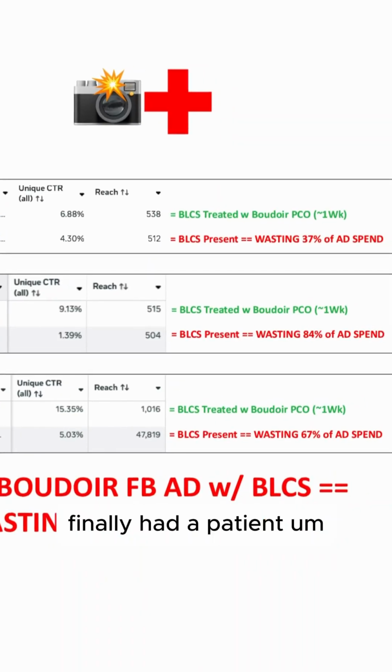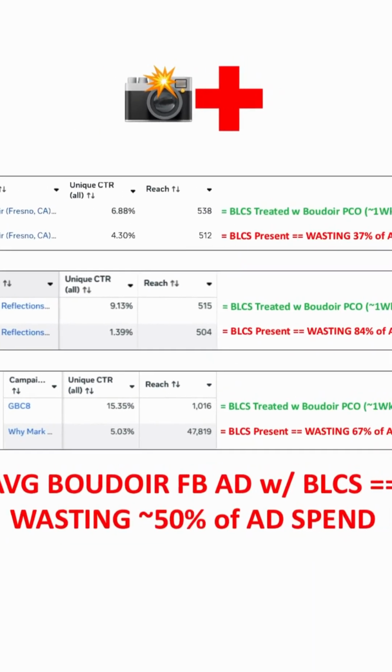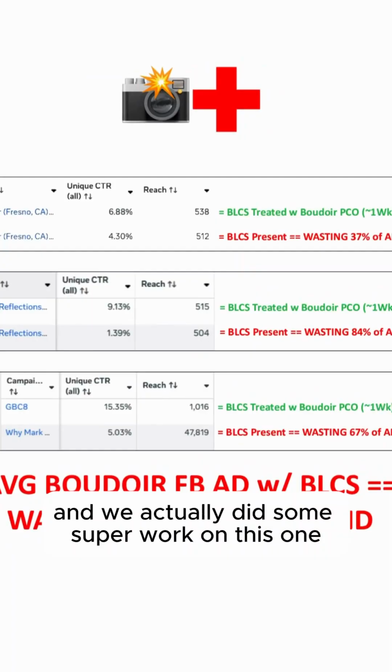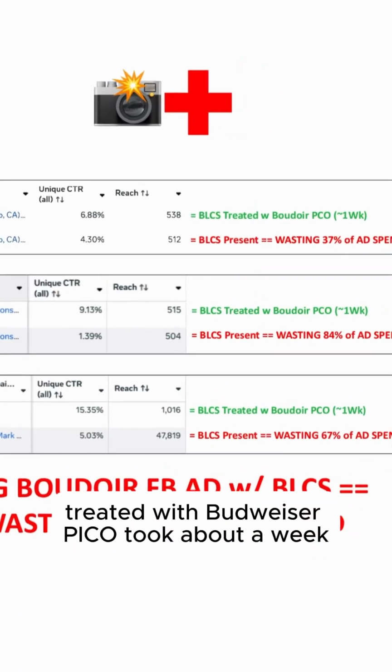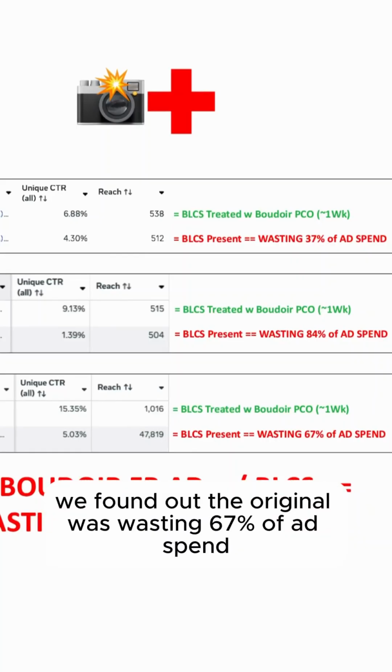Finally had a patient. His unique CTR on his ad was 5.03%, and we actually did some super work on this one. Treated with Boudoir Pico, took about a week, got the unique CTR up to 15.35%. So found out the original was wasting 67% of ad spend.